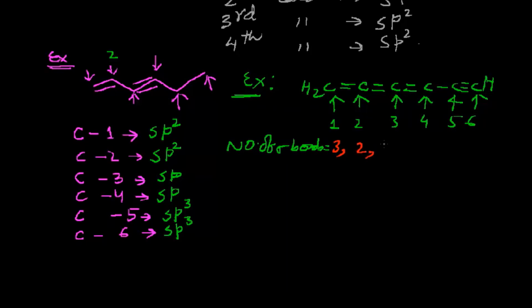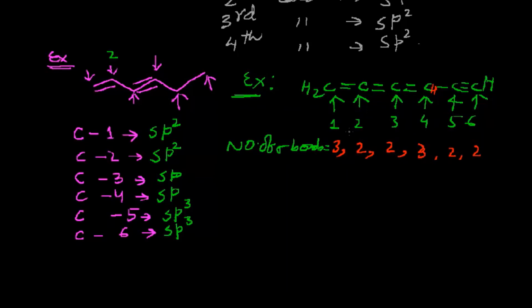In third again it has only 2. In fourth there is one hydrogen which is not shown in this case, so we can show it there, and therefore it has again 3 sigma bonds. And in next one, fifth one, it has 2, and in the last one again it has 2.